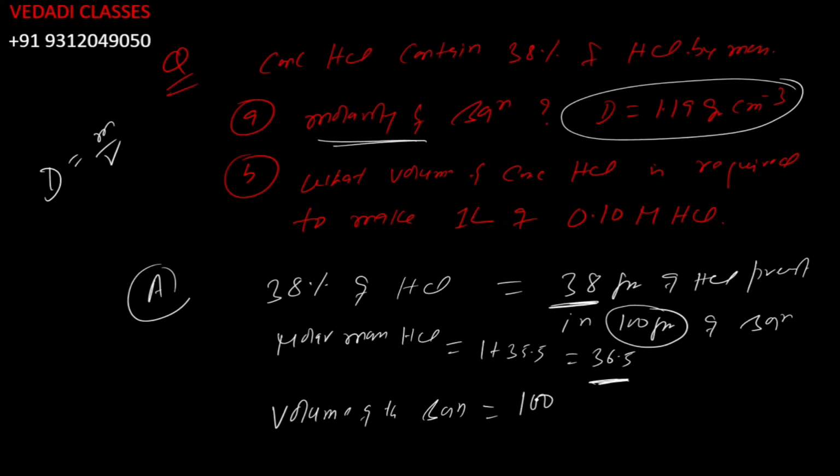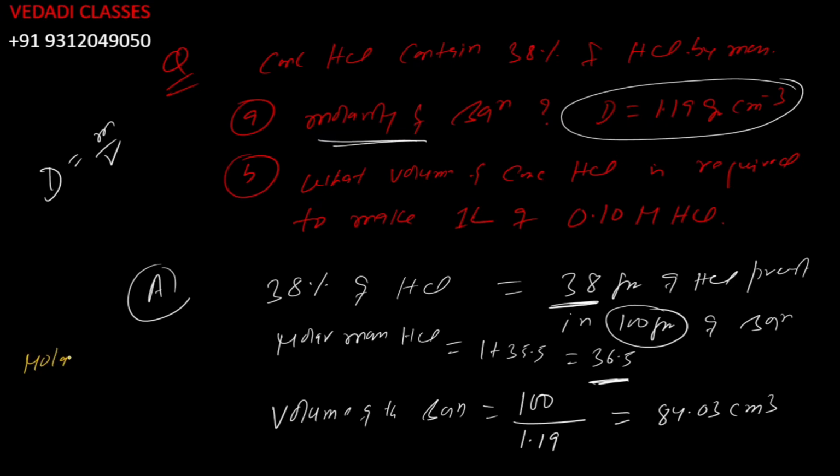So 100 gram divided by density, which is 1.19. When you solve it, you will get the volume, and the volume will be 84.03 centimeter cube. Now put in the formula, and you will get the answer.